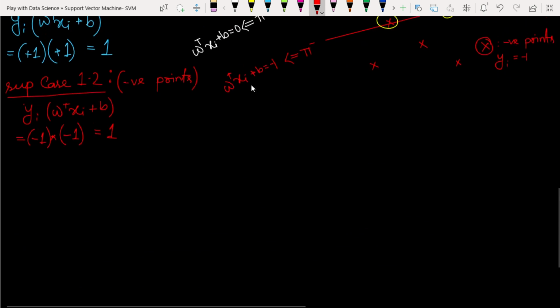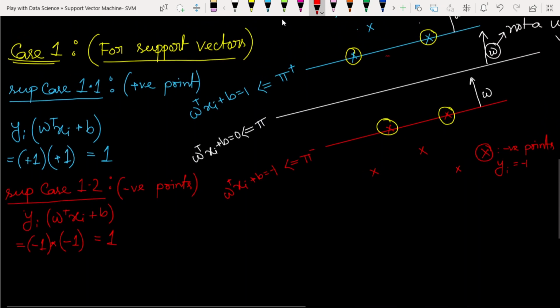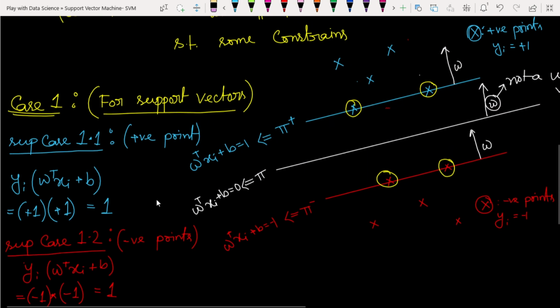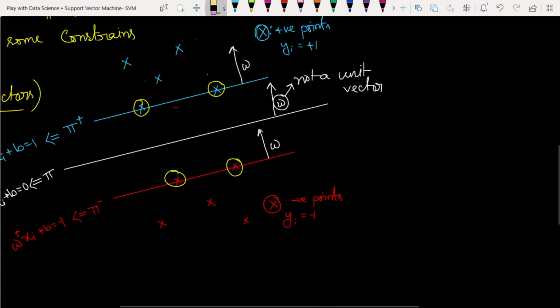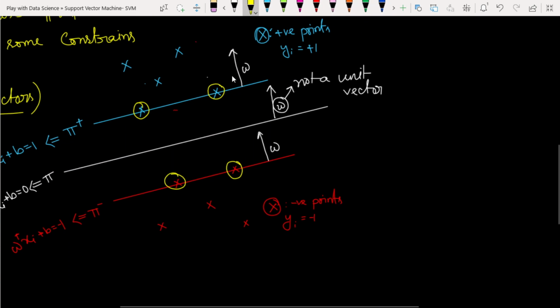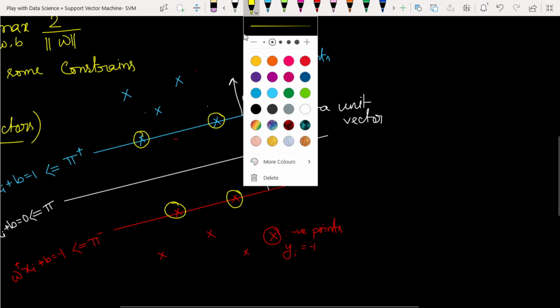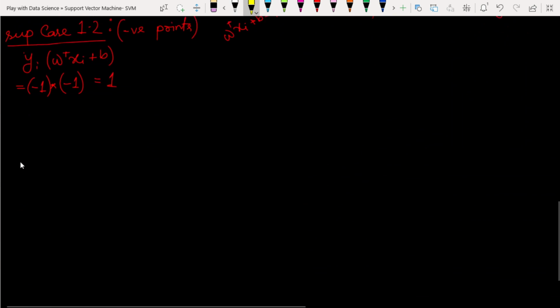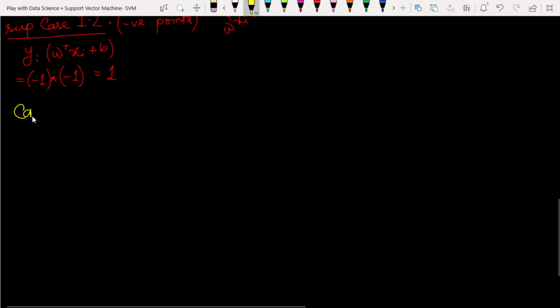Now let's consider case 2. Case 2, simple.